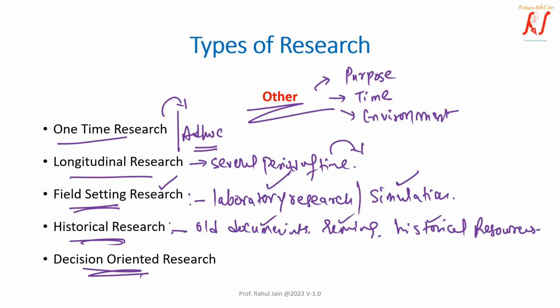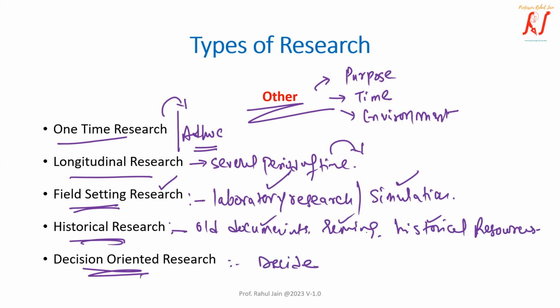Basically, the purpose of this kind of research is the need of the decision maker. When the researcher wants to decide on any particular result or any particular decision on the basis of some important observations, then decision oriented research is going to work.